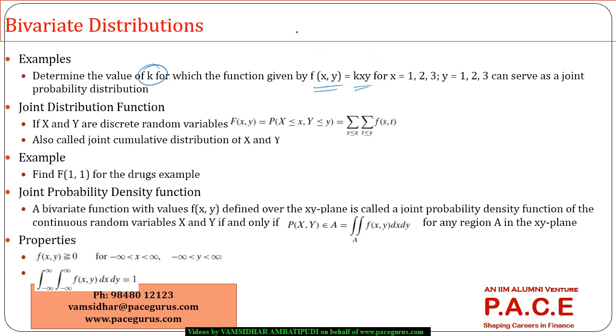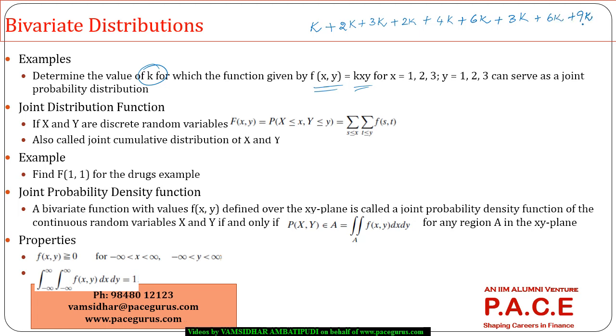For 1, 1 it becomes k into 1 into 1, which is k. 1, 2 is 2k. 1, 3 is 3k. 2, 1 is 2k. 2, 2 is 4k. 2, 3 is 6k. 3, 1 is 3k. 3, 2 is 6k. 3, 3 is 9k.